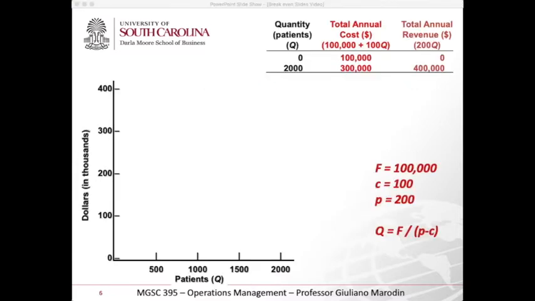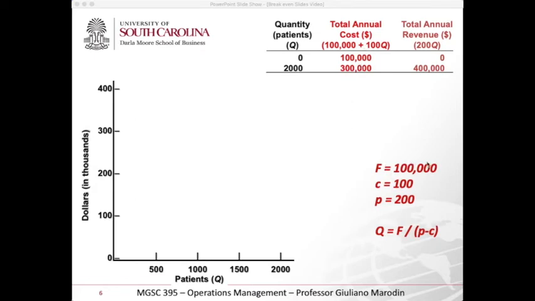And here we have an example of a hospital, something that's been a very, very big focus of our news lately, our hospitalization capacity. But here we're going to talk about revenue and cost, right? So let's say that I have a hospital where the annual cost is $100,000.